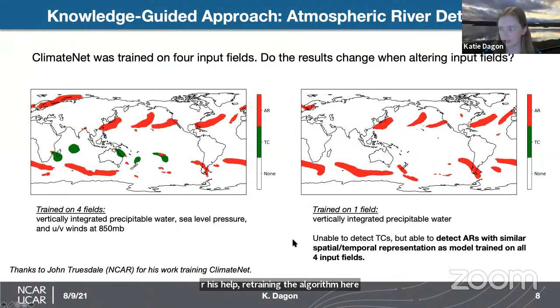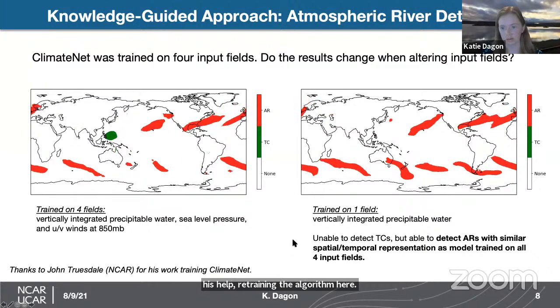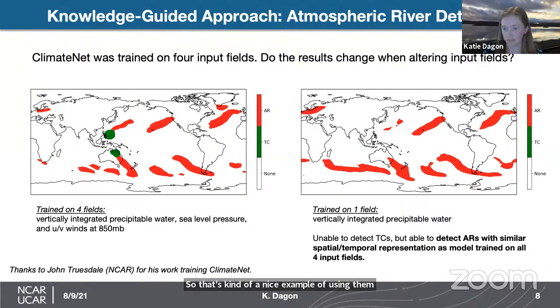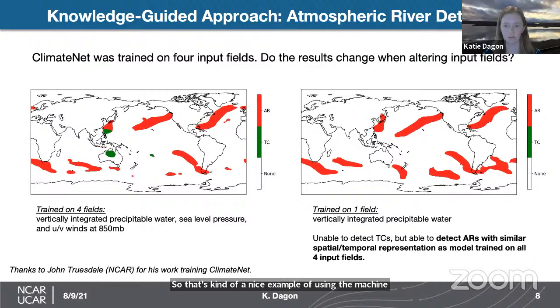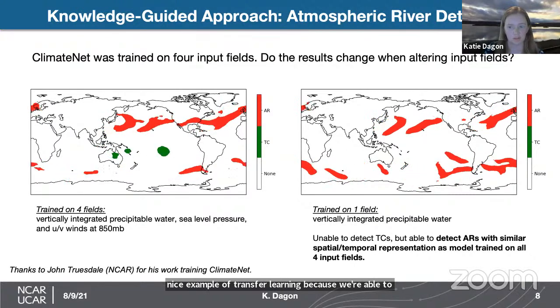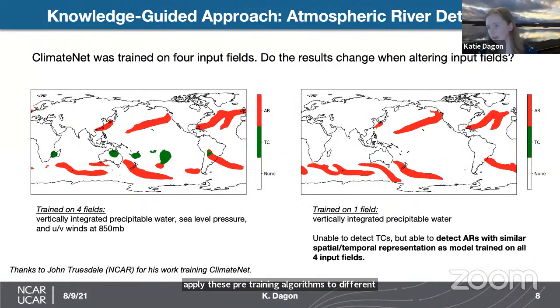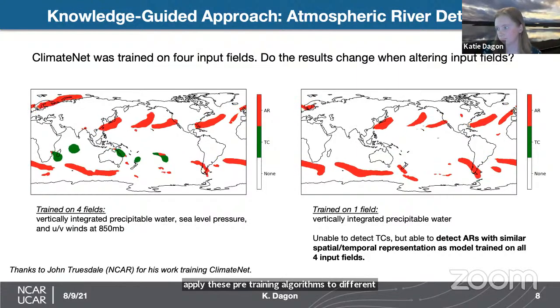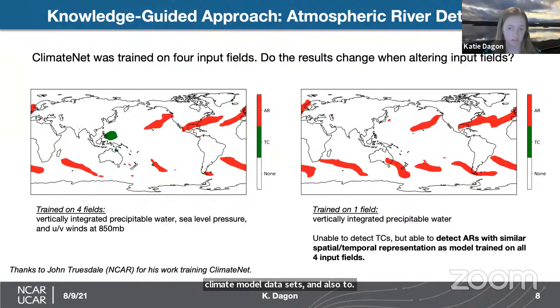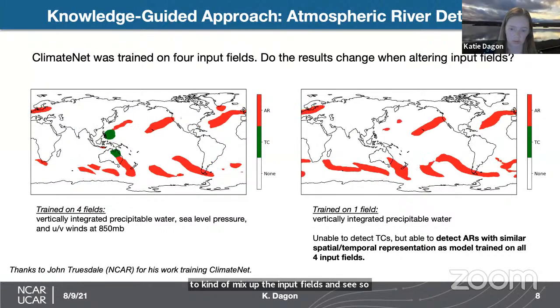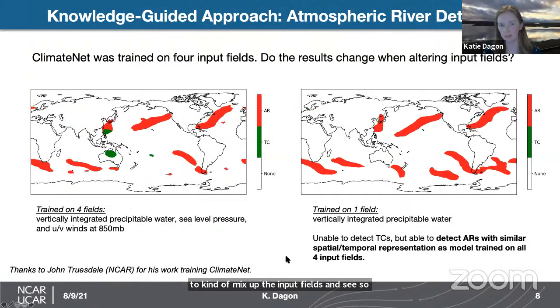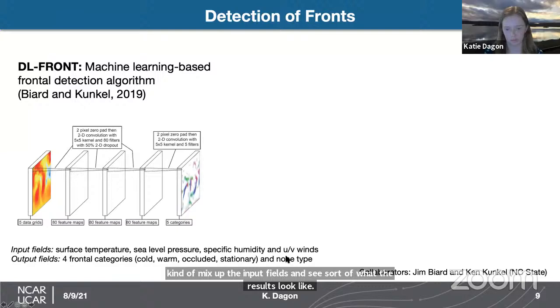So that's a nice example of using machine learning in a knowledge guided approach. It's also a nice example of transfer learning because we're able to apply these pre-trained algorithms to different climate model data sets and also to mix up the input fields and see what the results look like. So that's all I'm going to say about the atmospheric rivers and tropical cyclones.